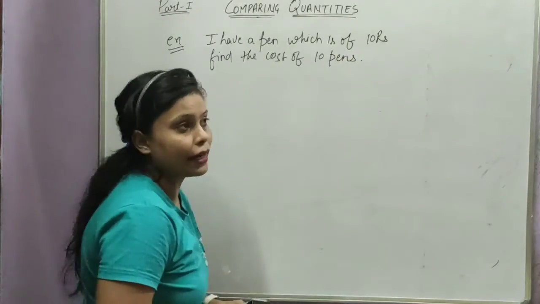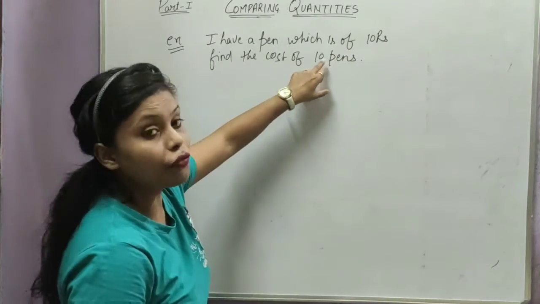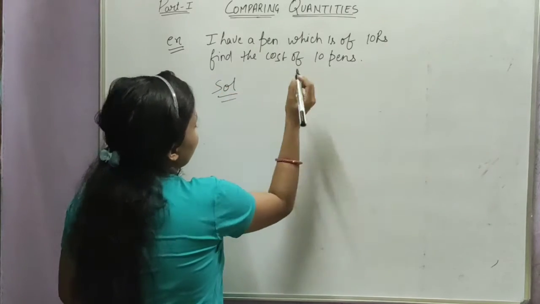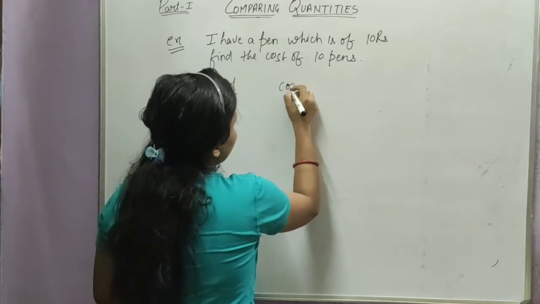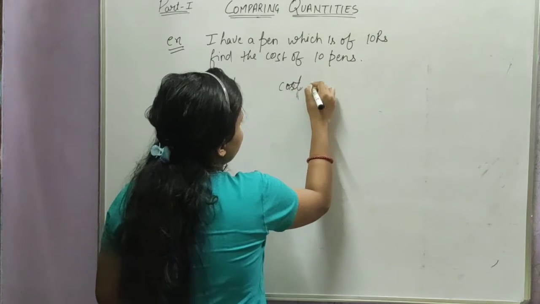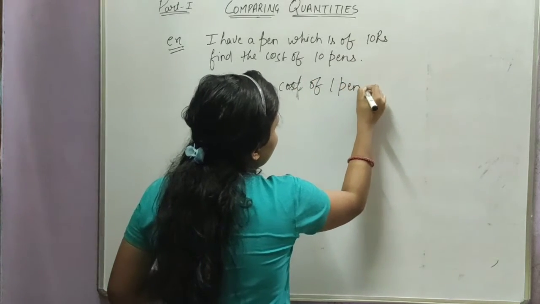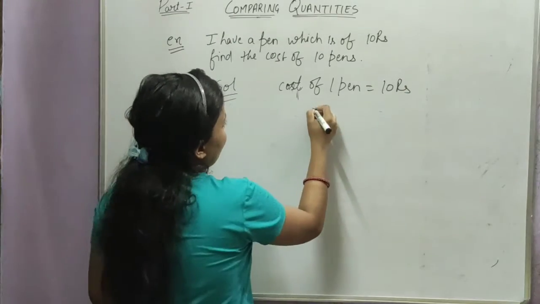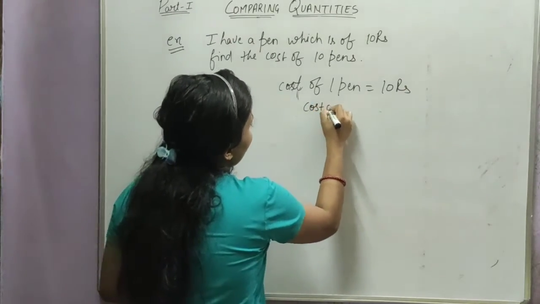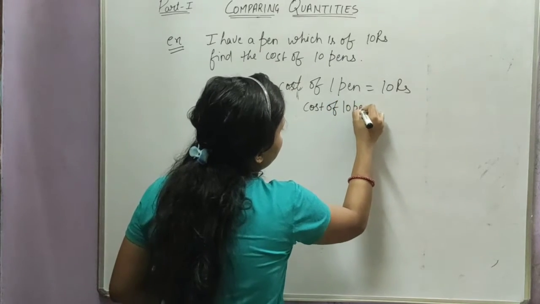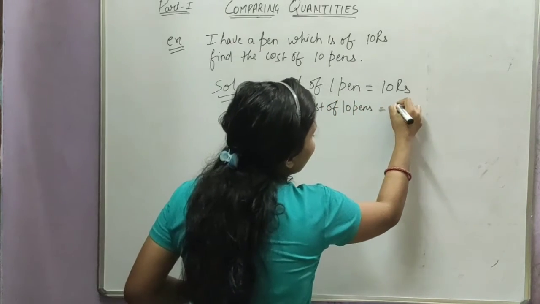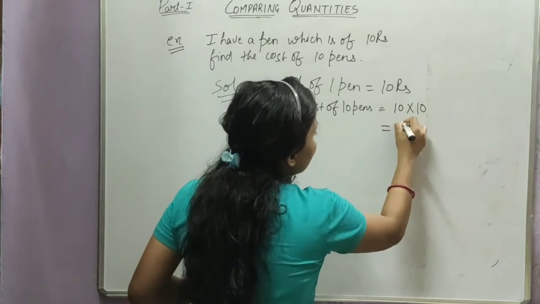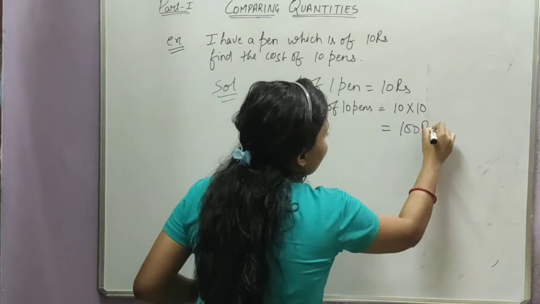Okay, what do we need to find out? We need to find out the cost of 10 pens. So, how will we solve? Cost of 1 pen is equal to 10 rupees, right? Now, cost of 10 pens will be equal to 10 multiplied by 10. That means 100 rupees.